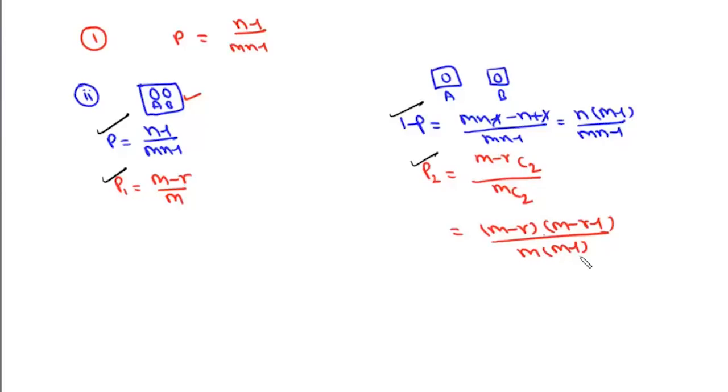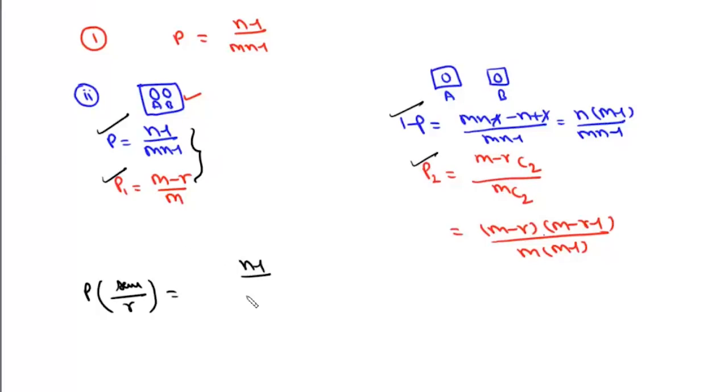Now we need to find the probability that they are in the same purse, provided both of them are not in the r purses that have been examined. So we have to find the probability that they are in the same purse when we have examined r purses. Now it becomes a Bayes theorem question. So this case will come in the numerator.